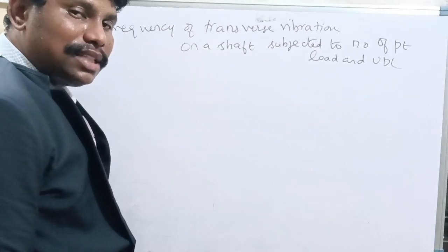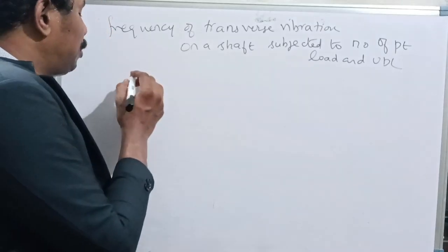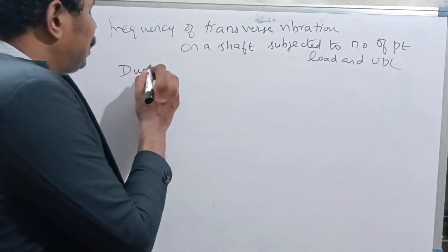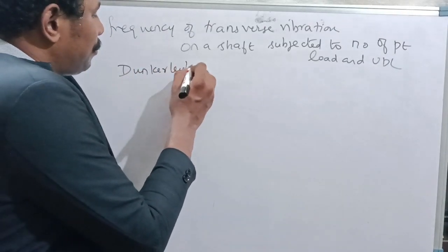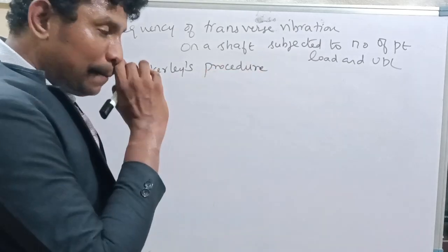So there are different methods available to calculate the frequency for this condition. So I am going to discuss Dunkerley's procedure to calculate the frequency of the given shaft.